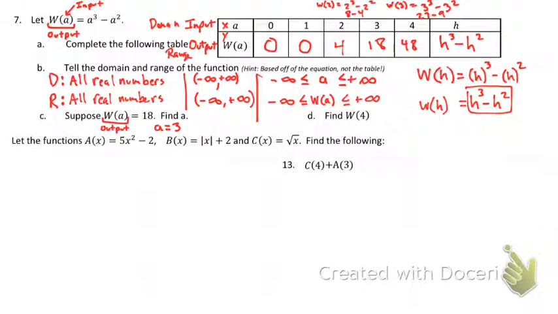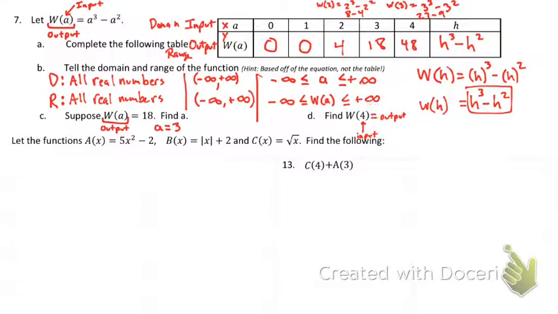All right, part D. It says, now I want you to find my output, if my input, so again, here's the input. We want to find the output. So if my input is 4, so my A value is 4, what is my output?